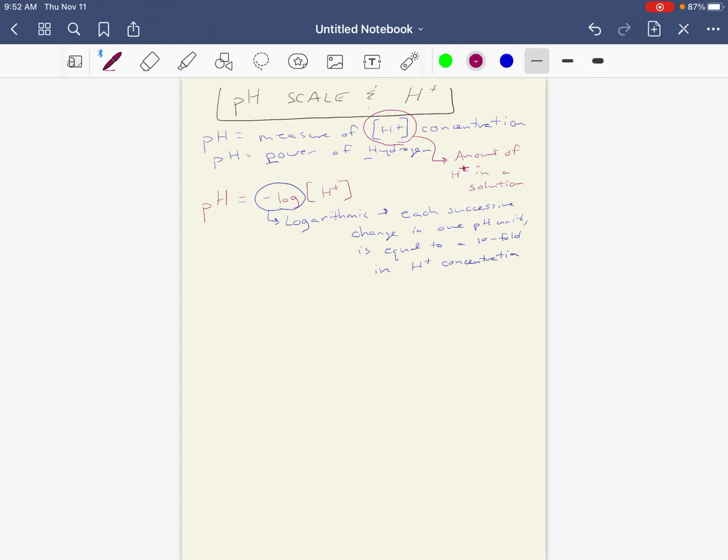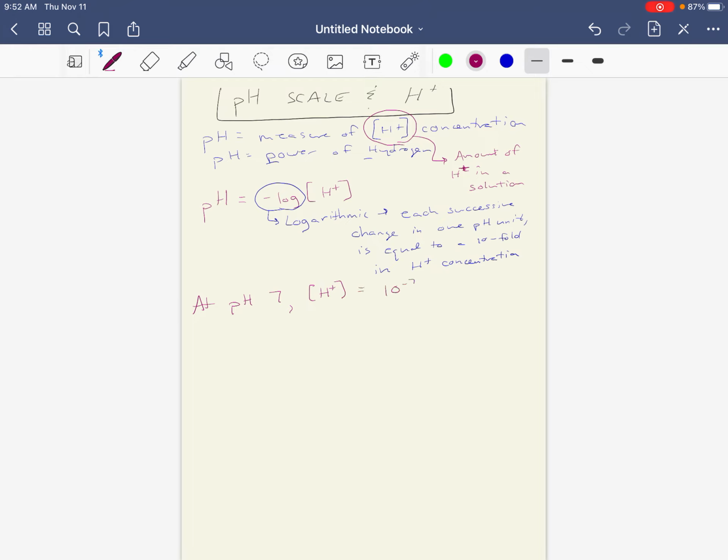So now let's talk about how these values would be at neutral, and then acidic and basic. If we go at neutral, we're just going to say a pH of 7. Our blood is about 7.35 to 7.45.